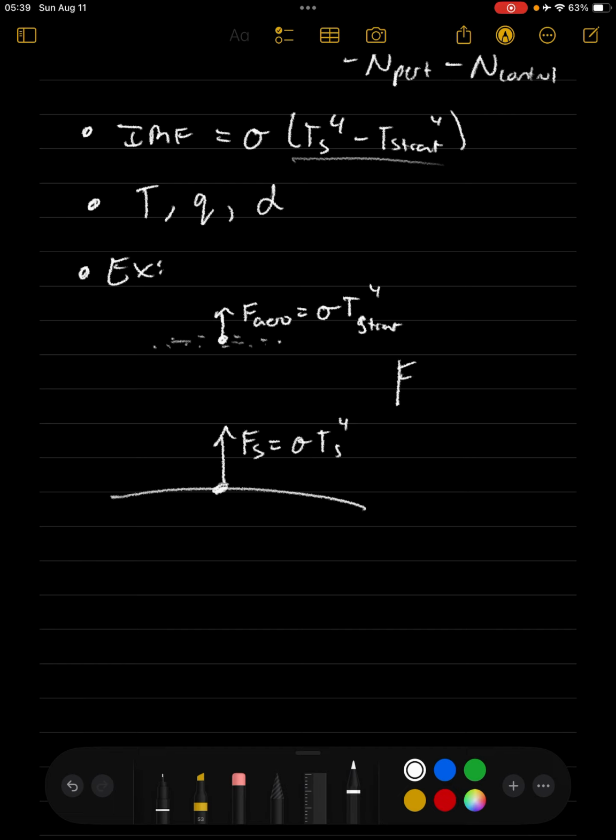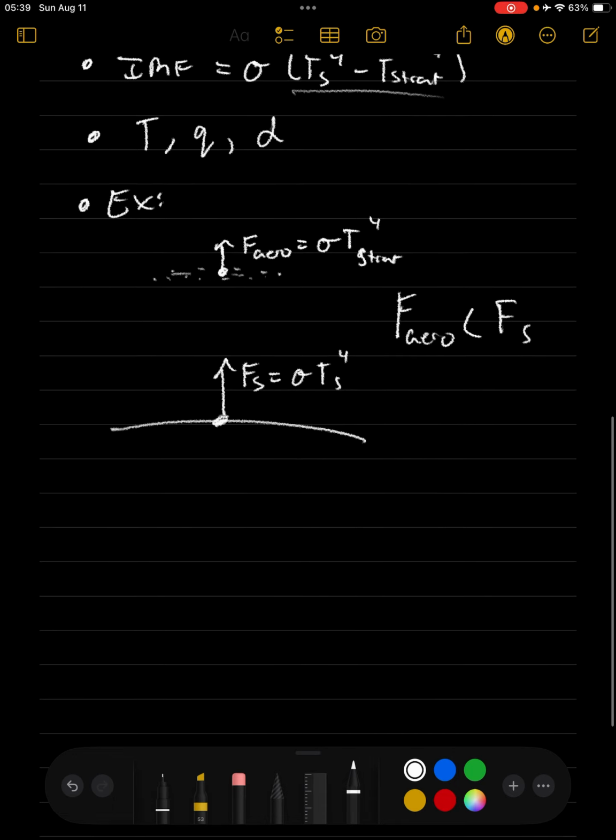So we know the forcing of the aerosol is much less than the surface, and the difference of this is the IRF. The adjustments from this would be, for example, when you have this right here much larger than the aerosol.